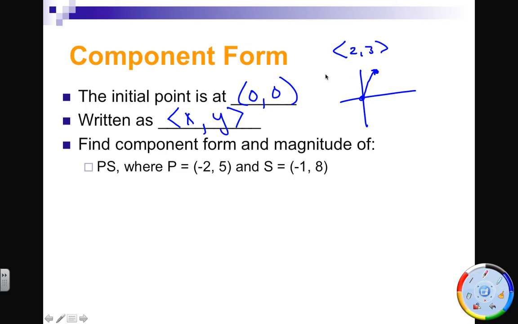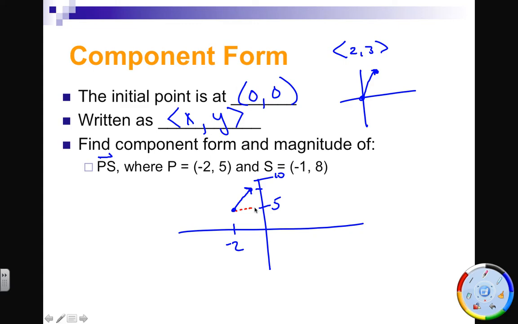So what if I was to give you one of those other vectors where I said, hey, let's start at P and go to S, but I want to write it in component form. So if I thought about this, -2, let's say 5 is right there because I got to go to 8. And -1, 8. And I'm going to go there. My initial point is at -2, 5, which means I need to move it in order to get my initial point down to 0, 0.